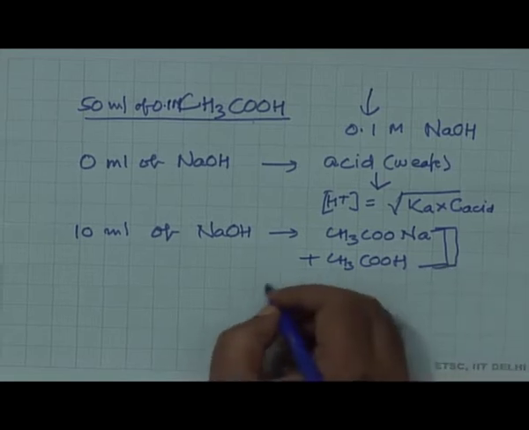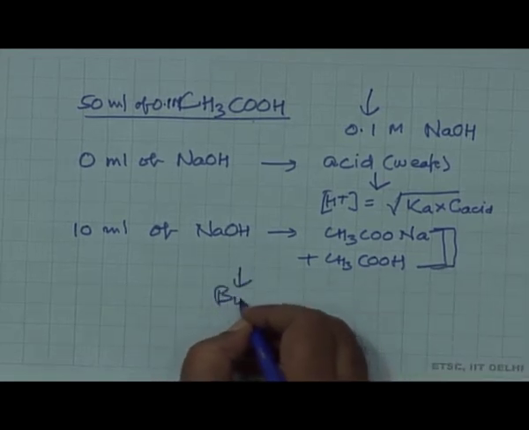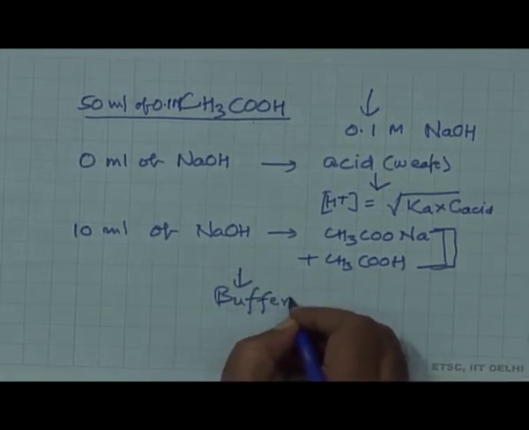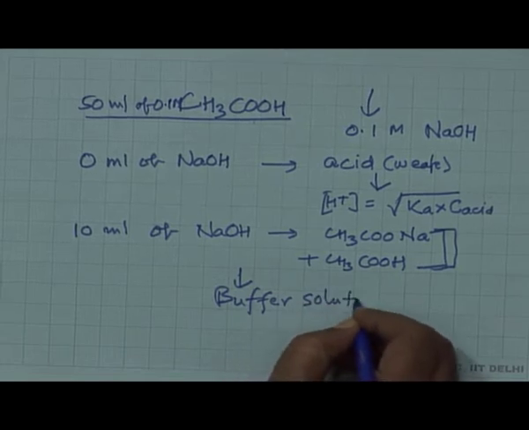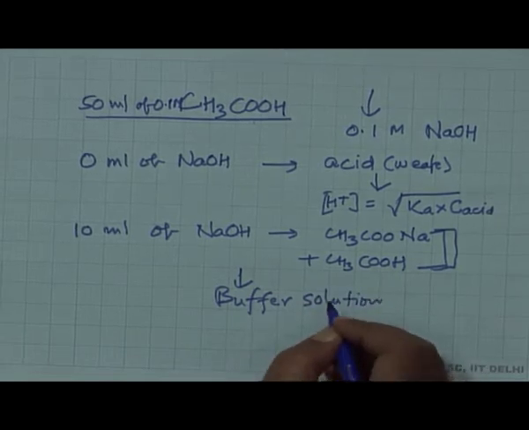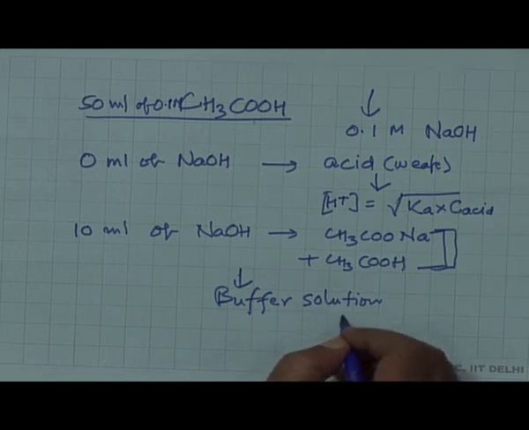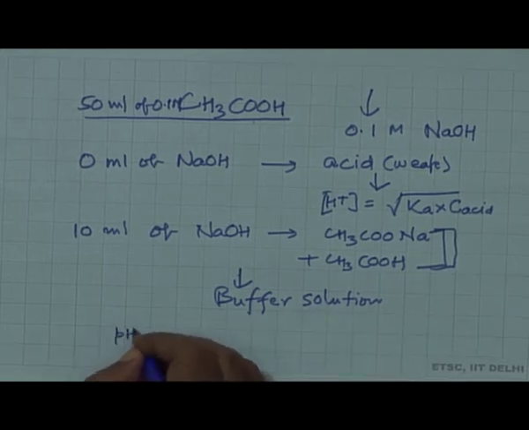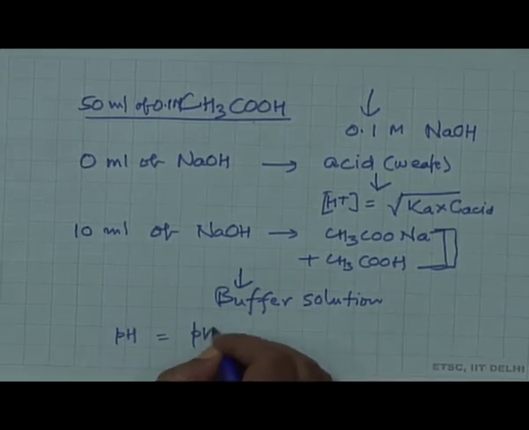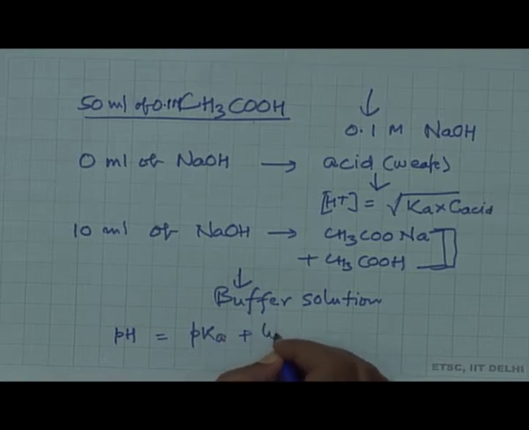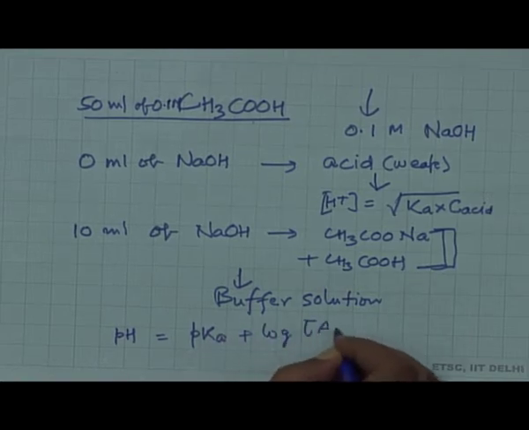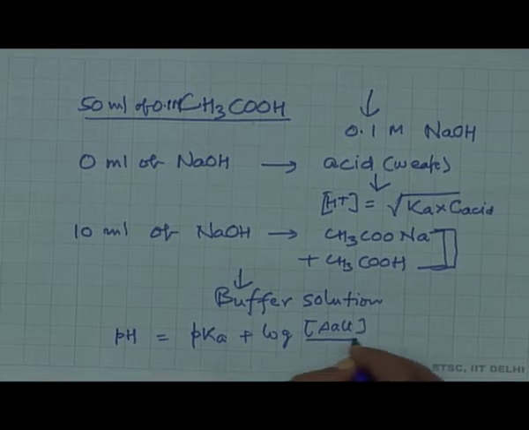This solution is called a buffer solution, and I showed you in the last lecture how to calculate the pH of this solution: pH is equal to pKa plus log salt by acid.